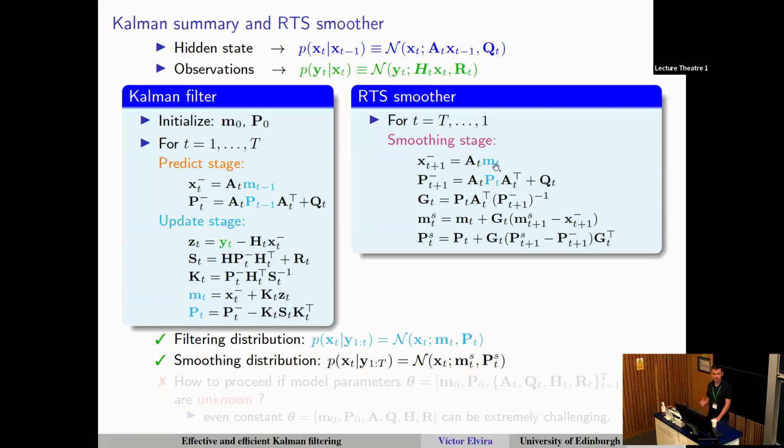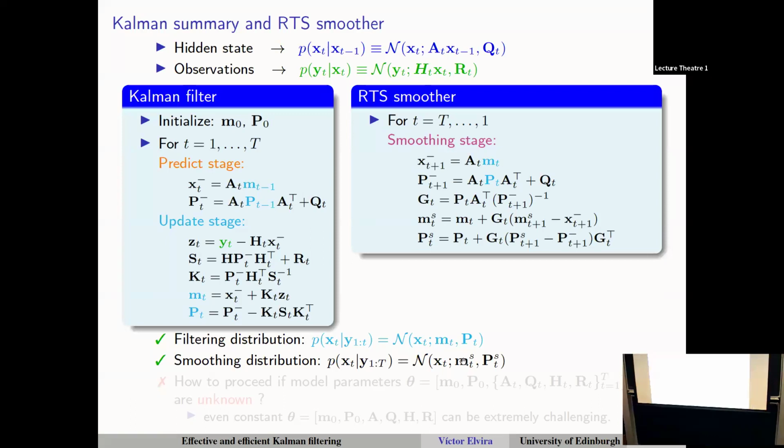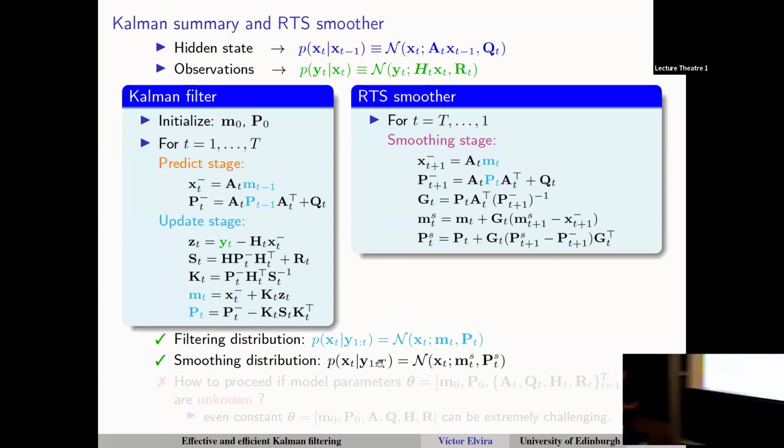You can see it as a refinement in which you create these two variables here, and then these two variables here. But what matters is that you go from the filtering distribution mean and covariance at time t to the same object, but now with the S, meaning the smoother. So while these were where the person is with the uncertainty at time t, given observations up to time t, now these two are the mean and covariance of a distribution that is conditioned also on the future.